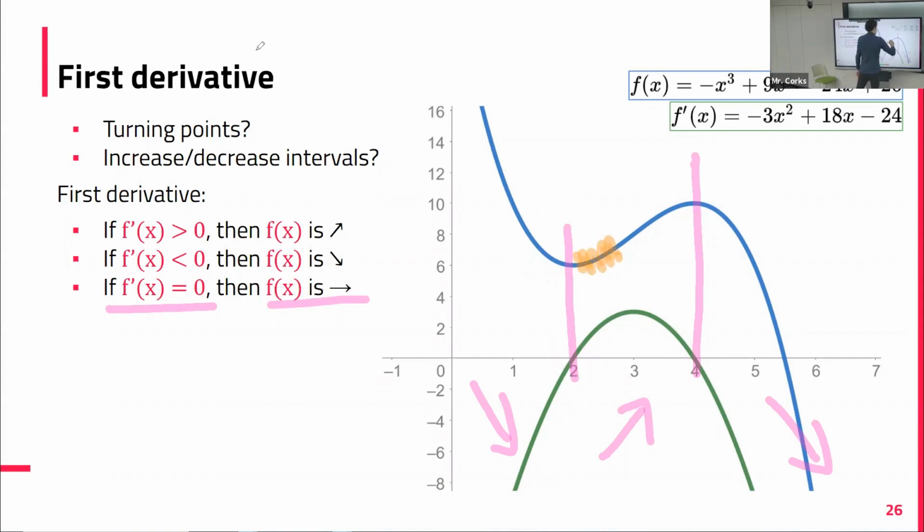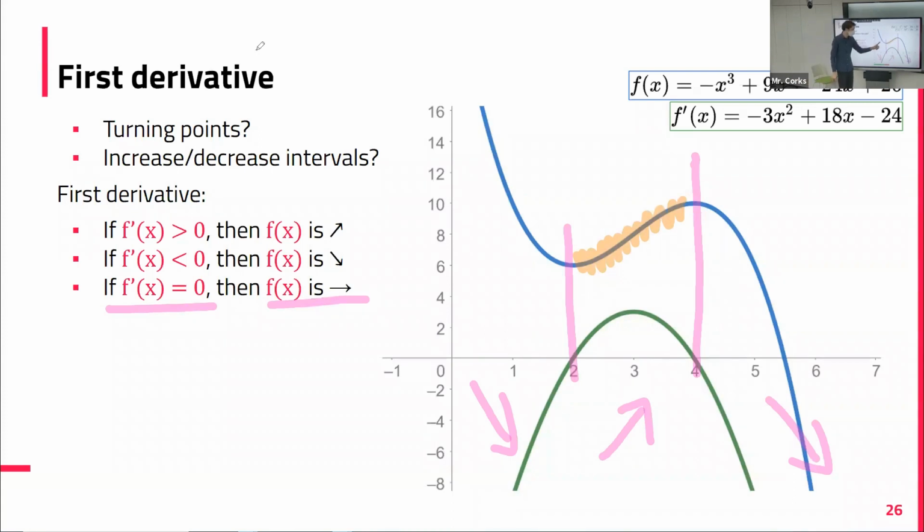Let's look at this middle part here between the two turning points. What is the original function doing over that section? It's increasing. So it's going up the whole time. What is the derivative function doing over that interval? Okay, yeah, so it's partly increasing, then partly decreasing.